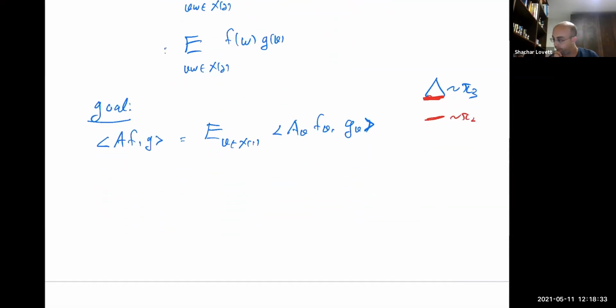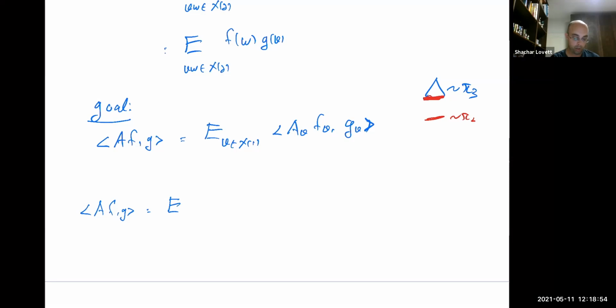So how are we going to use that? Well, let's start with the left-hand side. So we have AFG, which by the lemma we just proved is just the expectation over edges UV of FUGV. Let me stick with the letter names I have in the notes.